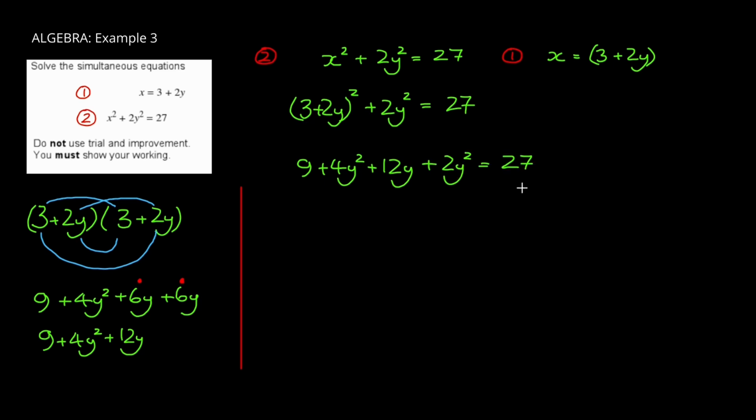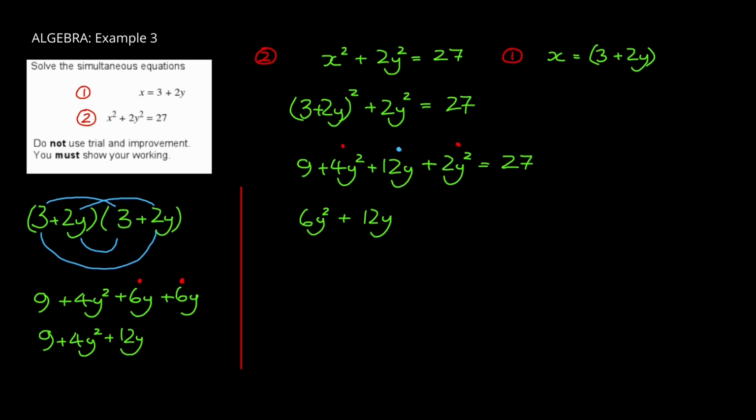Now to solve this, which is a quadratic begging to get out, we've got to simplify and then shove everything on the left and make the whole thing equal to 0. We've got to do this in families. Here is the y squared family. So we've got 6y squared. The next in line will be the y's, and we've only got one of them, so I can immediately write down plus 12y.